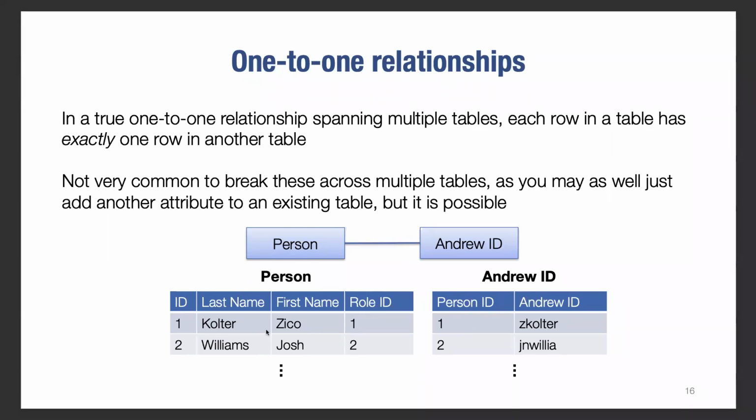So that's how you know that it's for Zico Coulter. His person ID is 1, same as Williams Josh. His person ID, which is 2, is the same here, and that is what his Andrew ID is. No other person is going to have this Andrew ID, and so on and so forth. Does that make sense? That is a one-to-one relationship. Very, very important.